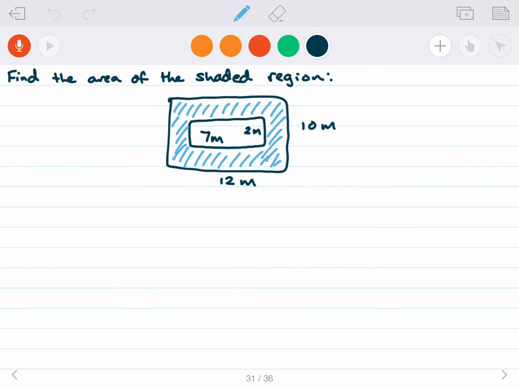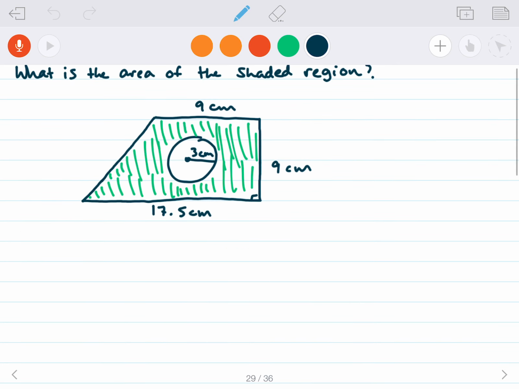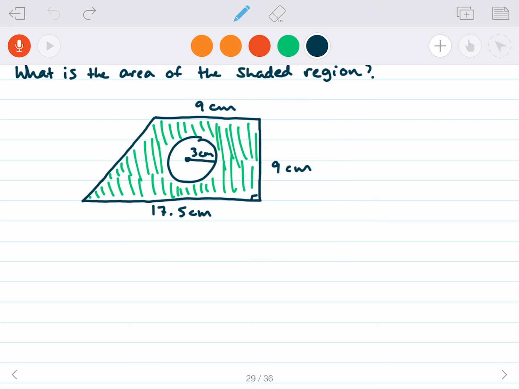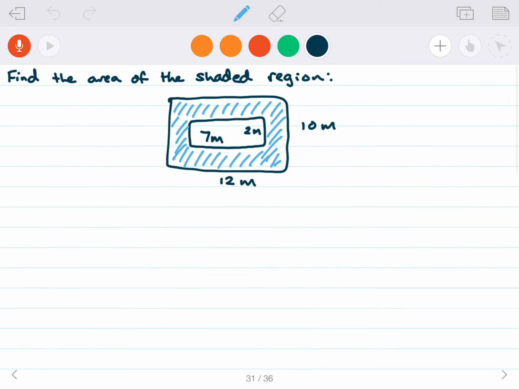Okay. All right, find the area of the shaded region. So this is very similar to the trapezoid example. Right, we had this trapezoid here, and we were trying to find just the area of that shaded region. So it's the same kind of concept. We have a rectangle on the outside, so we want to take the area of the entire rectangle and take away just this inner rectangle's area to get the blue portion.